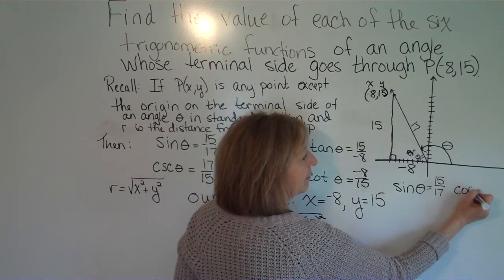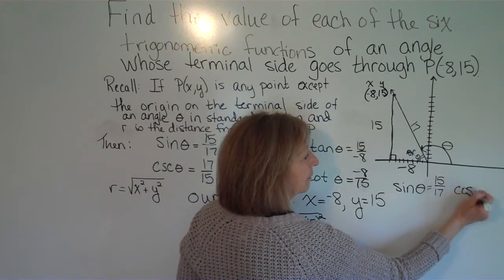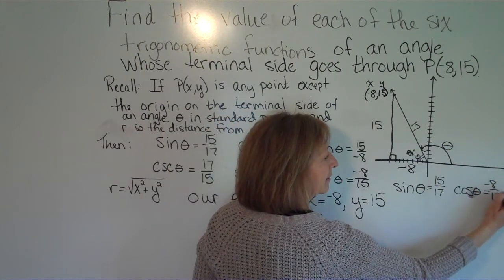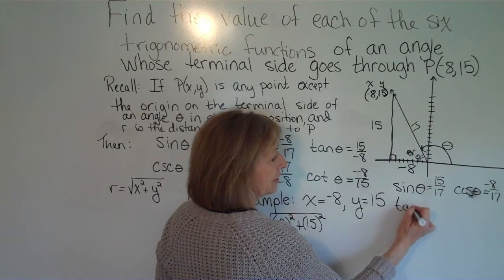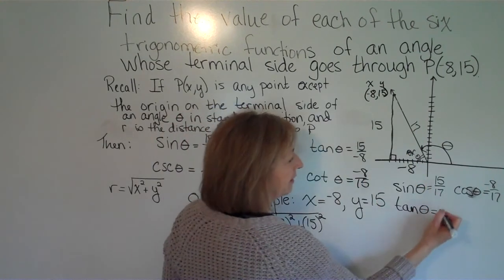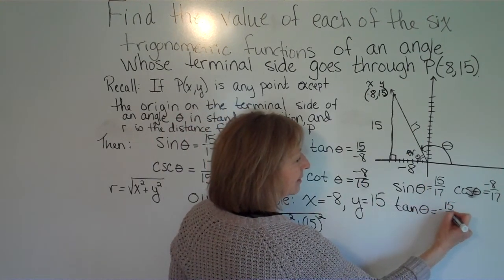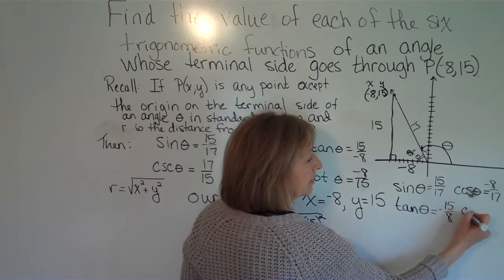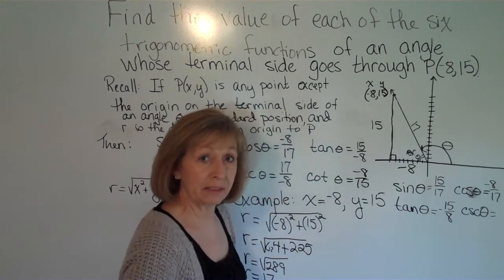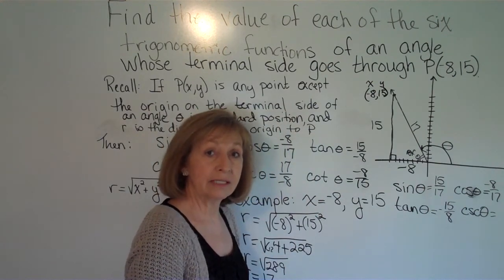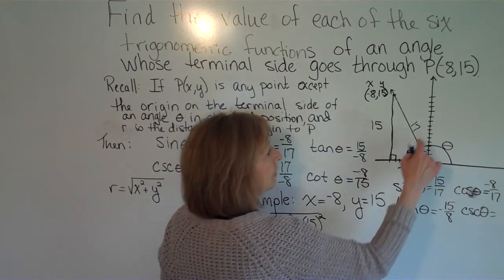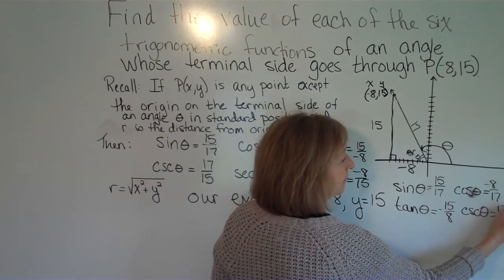Our cosine of the angle is adjacent over hypotenuse, negative 8/17. The tangent of the angle is opposite over adjacent, so negative 15/8. The cosecant of the angle, well, cosecant is the reciprocal of sine, so the cosecant is going to be hypotenuse over opposite, so 17/15.